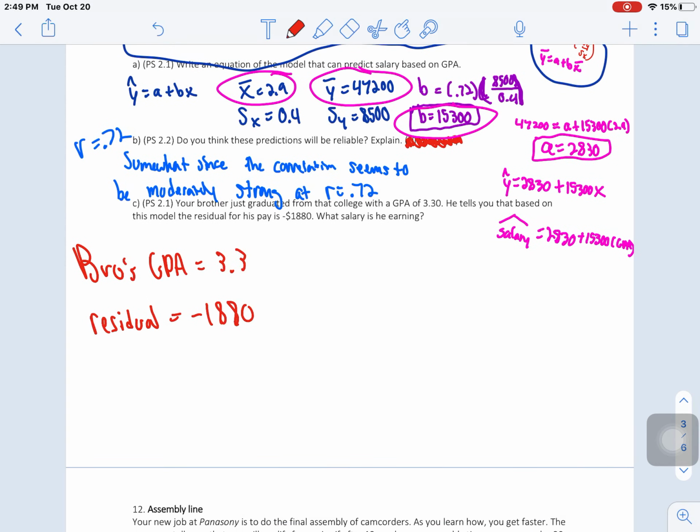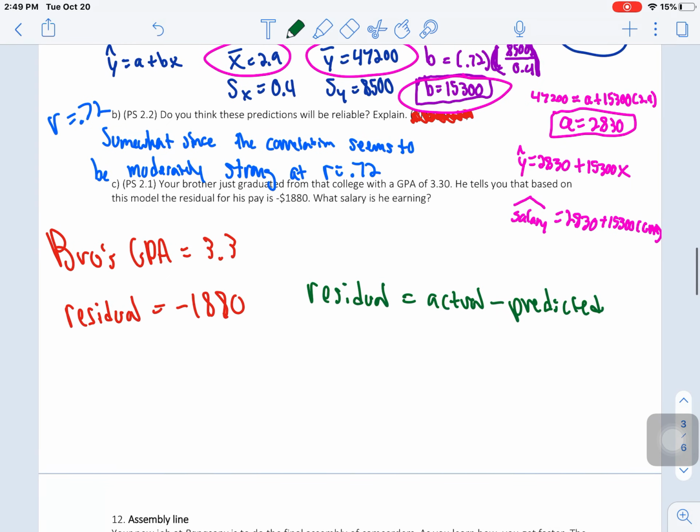A lot of information given there, but what's going to help you guys is the residual formula. You guys know that residual is just actual minus predicted, or sometimes they say observed minus predicted, so what actually happened. What we do know is the residual, right? They told us that the residual was negative 1880. We don't know what his actual salary is, right? That's what we're trying to figure out.